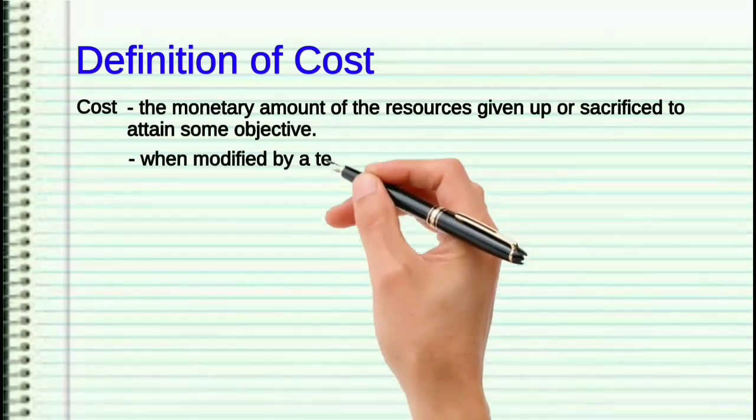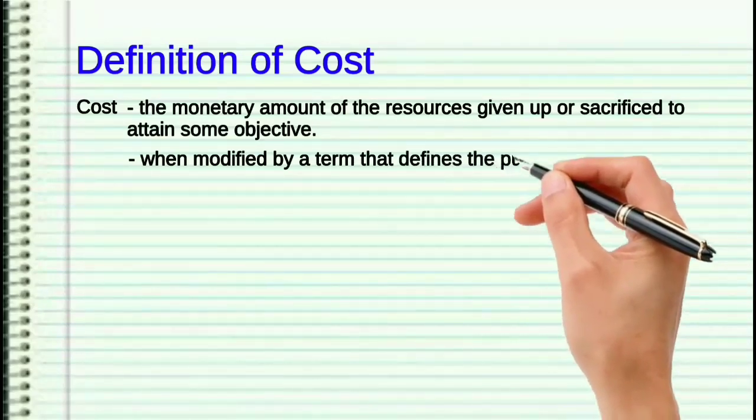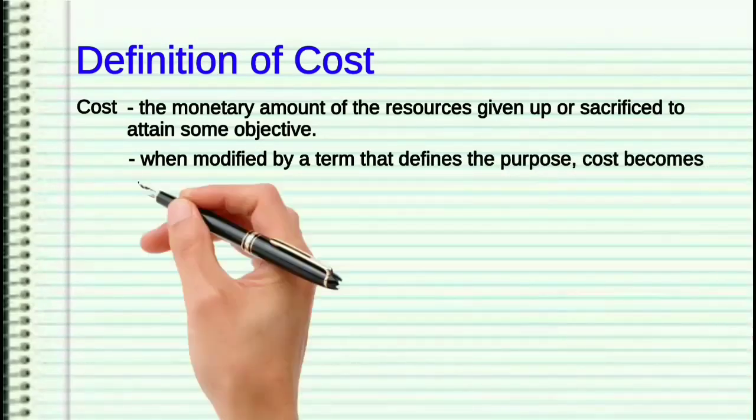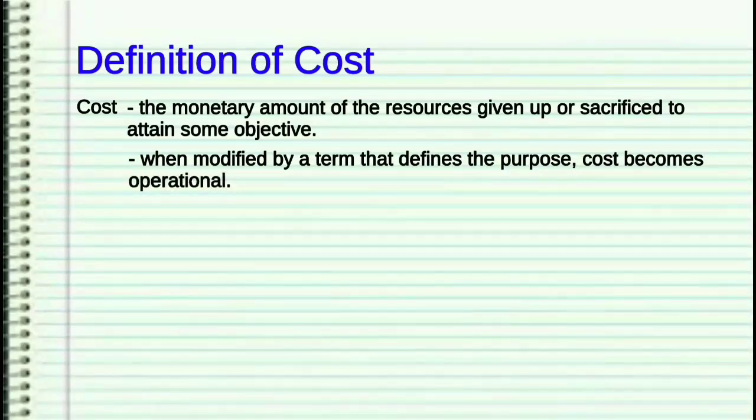When modified by a term that defines the purpose, cost becomes operational. What does it mean by this statement? Ang ibig sabihin niyan, yung term na cost is a general term, at pwedeng mabago yung term na cost depende sa purpose.